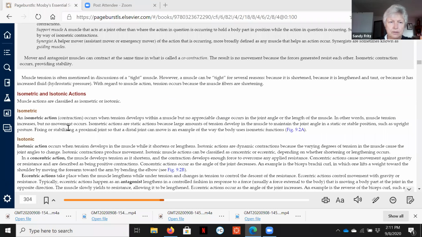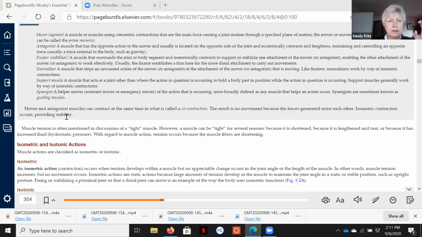So isometric is when a muscle shortens, all the fibers shorten, but it doesn't produce any movement. So this is going to show up when something is stabilizing, like a fixator, or the stabilizing or support system here.